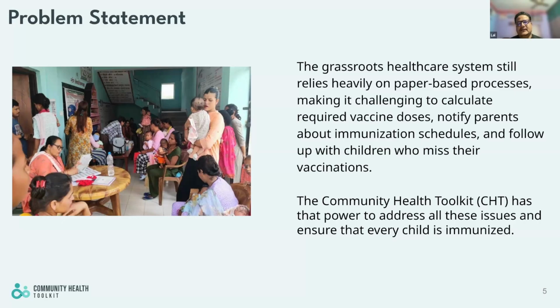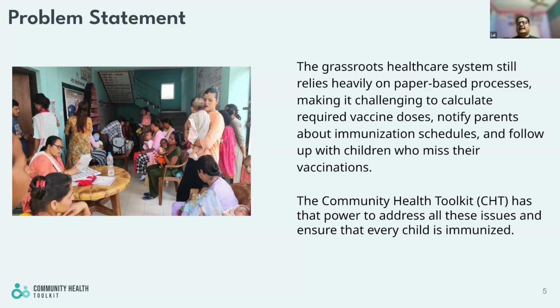The problem is that the grassroots healthcare system is heavily based on paper processes, and it is really challenging for the health worker and the community health worker to calculate the required dose of a vaccine, and to notify the parents or caregivers when and what dose of a vaccine needs to be given to their children.